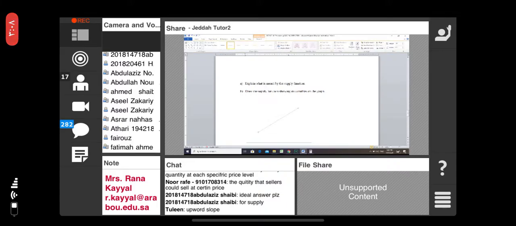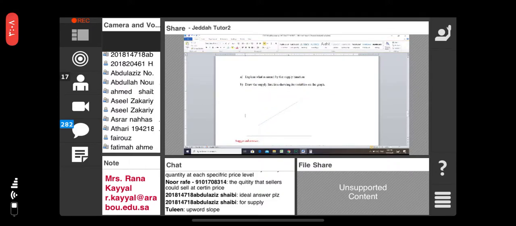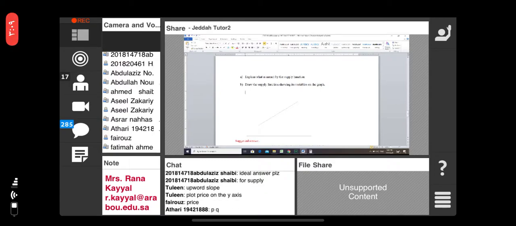And then, this is not a complete answer. I have to fill in the variables. What are the variables? Price on the y-axis, yes, or vertical line. And on the horizontal x-axis, this is what?